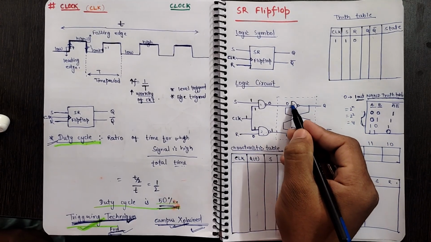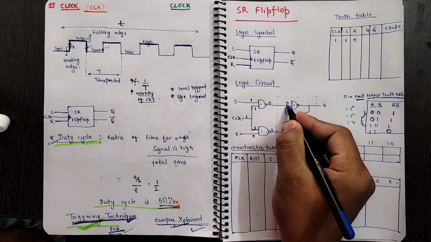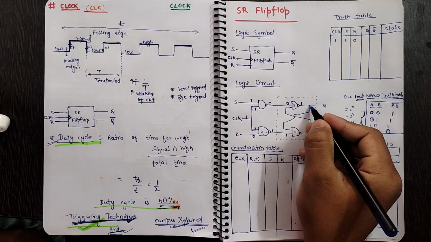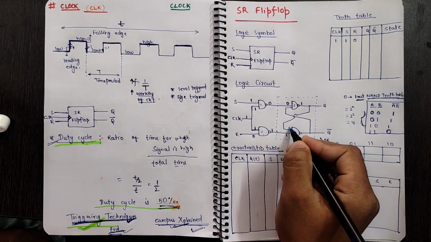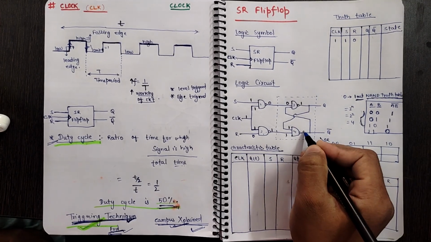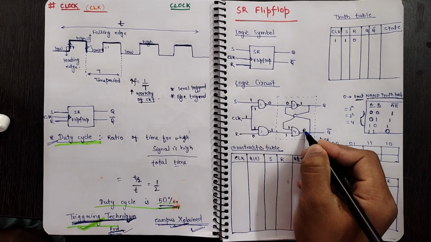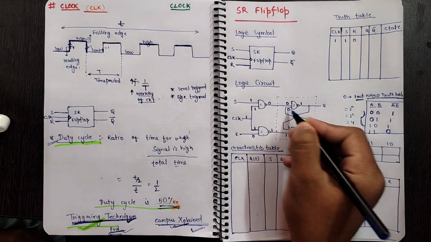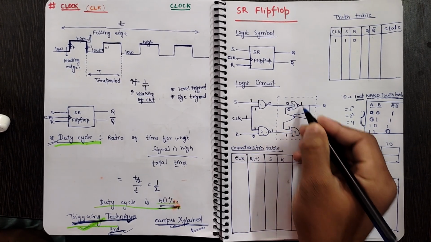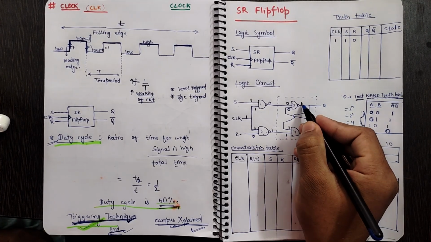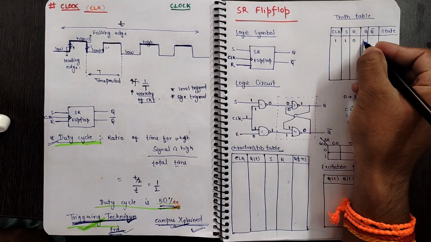So in the third NAND gate, we are getting 0 as an input, so we will get 1 as our output, and this output will be given to the fourth NAND gate, and this 1 and 1 will become 0. And this 0 will go to the input of the third NAND gate. So 0 0 1, 1 1 0. If we talk about Q, we will get 1.